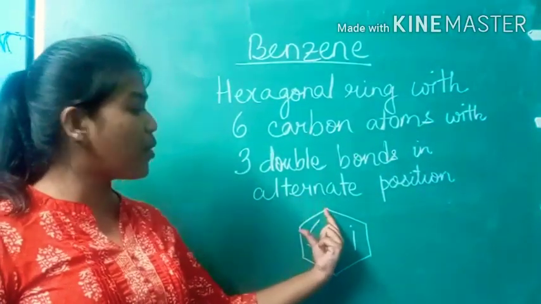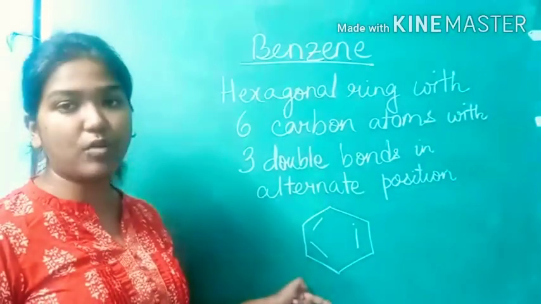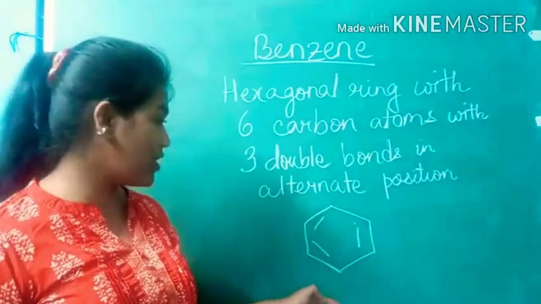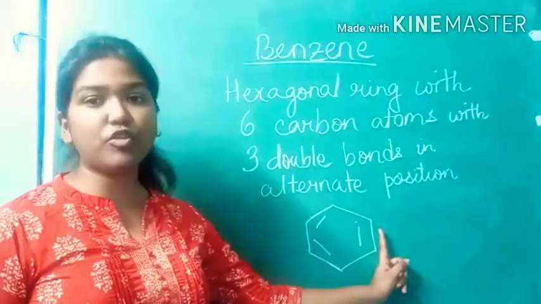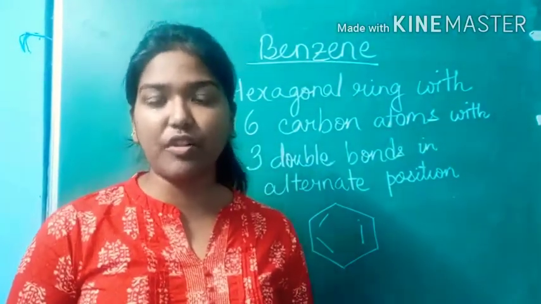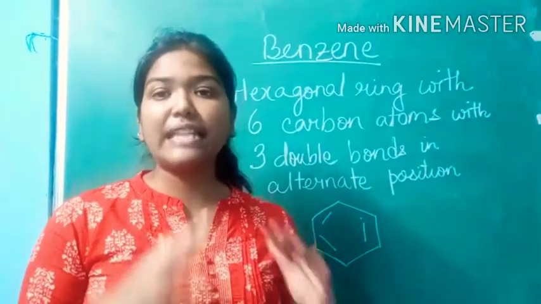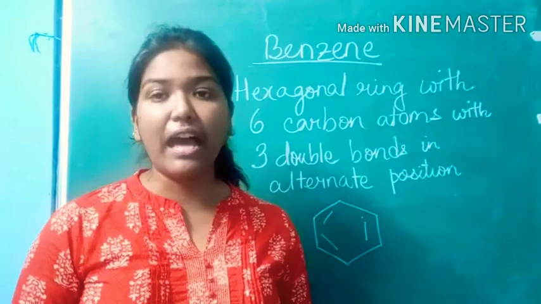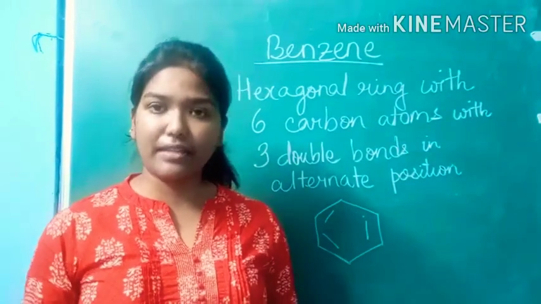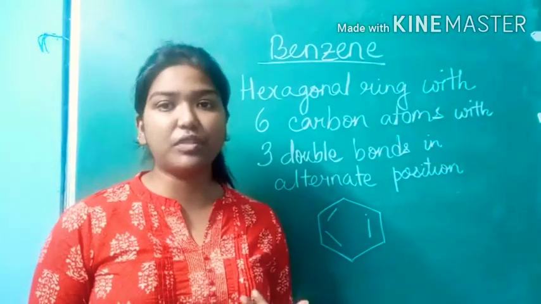Means if this bond is having a double bond, then leaving one, another one will have a double bond, and leaving this one, the next is going to have a double bond. So this is the basic structure of benzene, a cyclic organic compound having 6 carbon atoms and 3 double bonds placed in alternative positions.